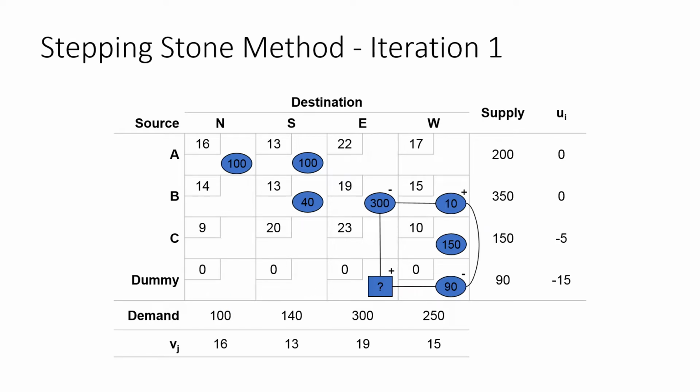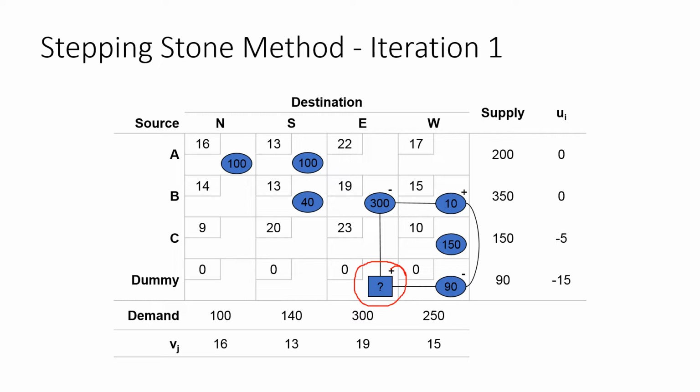Once I determine the entering variable, I want to figure out what the leaving variable is. In this case, this is the entering variable, as we said, the largest positive C prime ij. I can find the leaving variable using the stepping stone method.